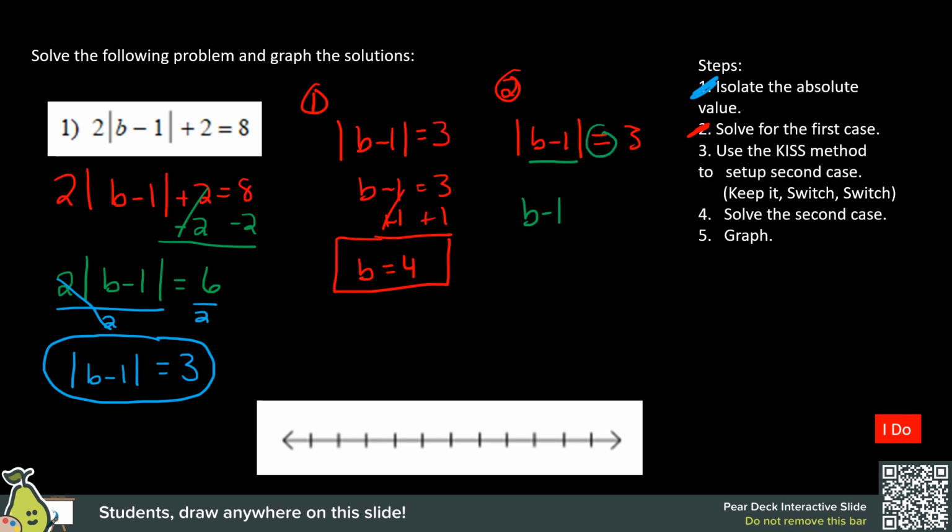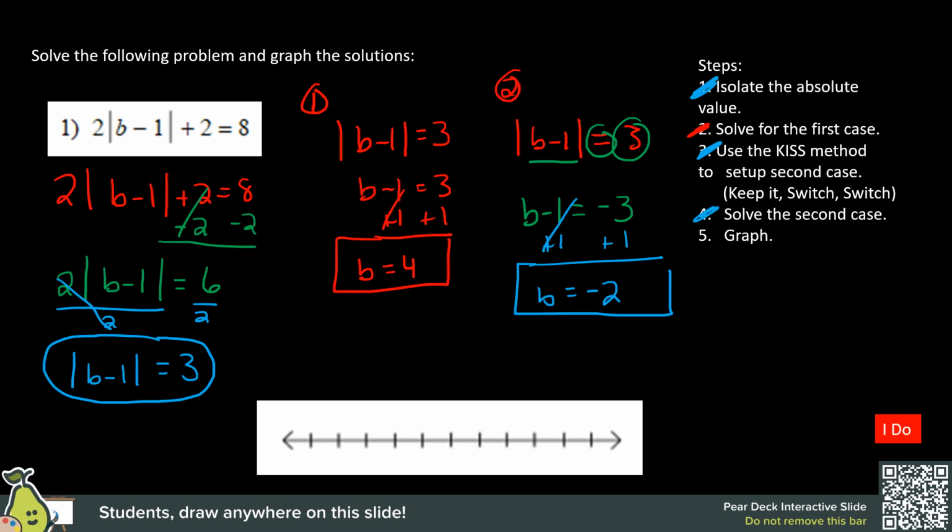We switch the equal sign, but when we switch that equal sign, it just stays as equal. And we switch this 3 to a negative 3. We then want to isolate b. So we add 1 to both sides. And I get that b equals, well, negative 3 plus 1 is going to be a negative 2. And we've completed steps 3 and 4.